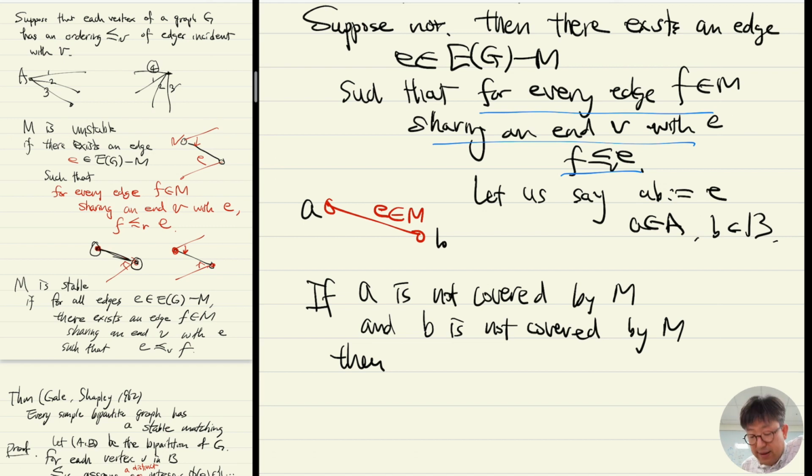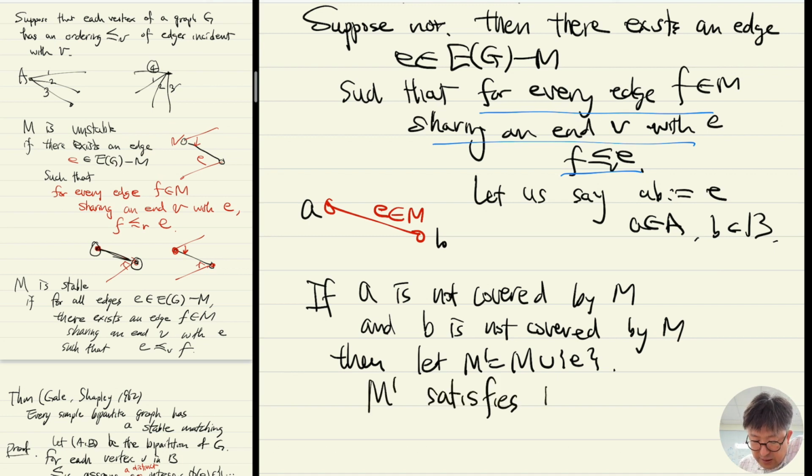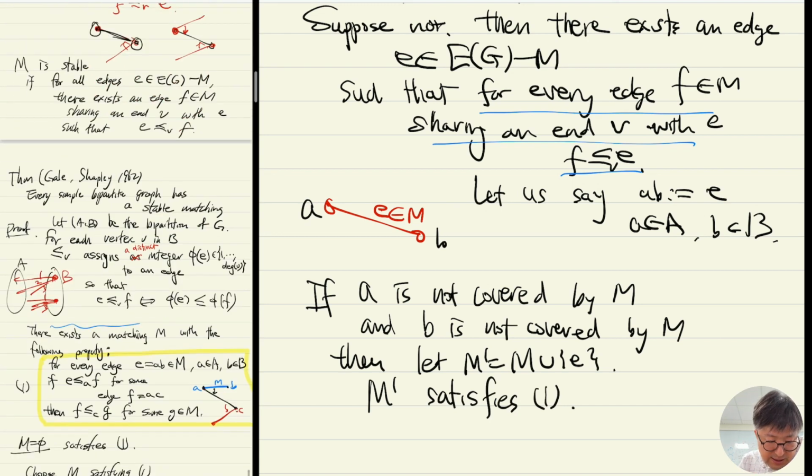We may try to let M prime be M union E, okay? And then does it satisfy property 1? I want to say that M prime satisfies property 1.